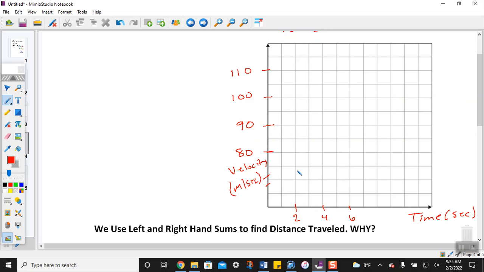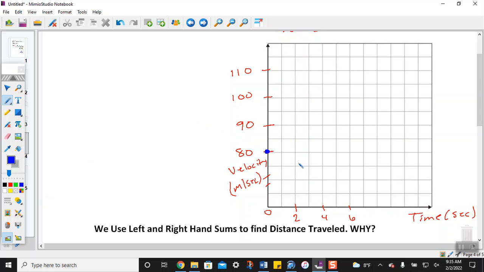Okay. Kids, time, what was the first time that we started measuring? Okay, 2 seconds, but we got to start at time what really though, according to the table? 0. Okay, at time 0, how fast were we going? 80 meters per second? So I'm going to plot that point right here.